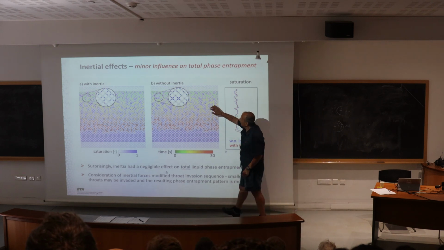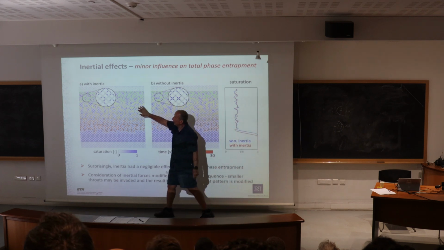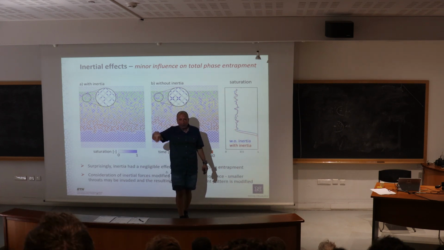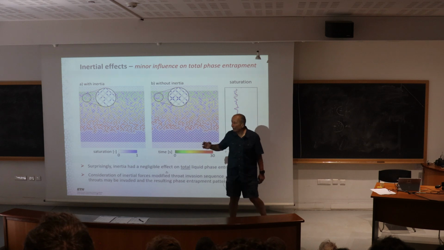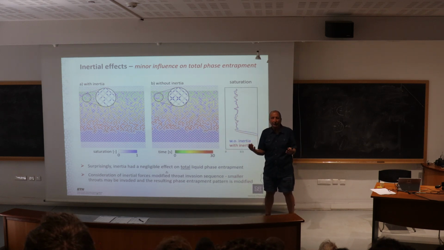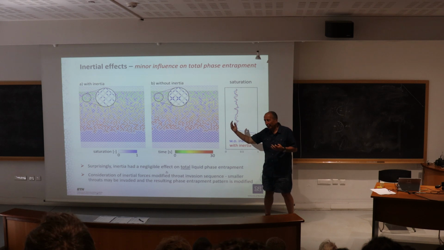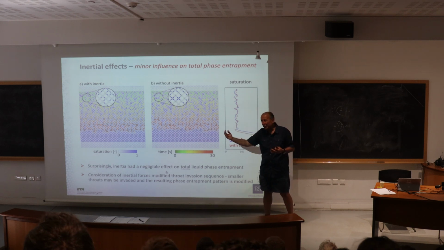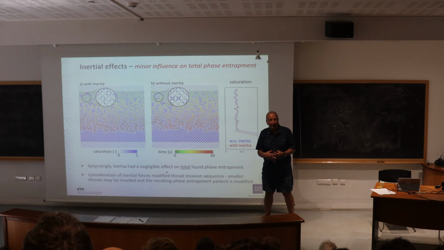So while the details of the invasion without inertia and with inertia are different, when you average them, it turned out that I was expecting that there'll be huge phase entrapment as I change the capillary number or the inertial characteristic and so on. I was expecting huge effects on the entrapment.